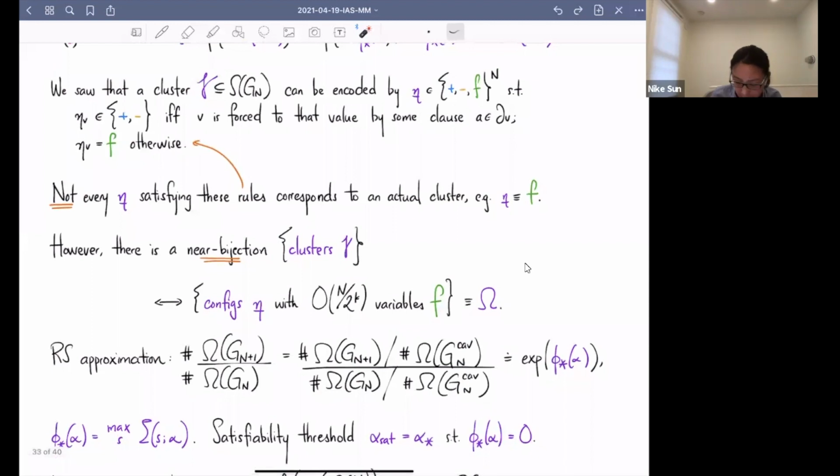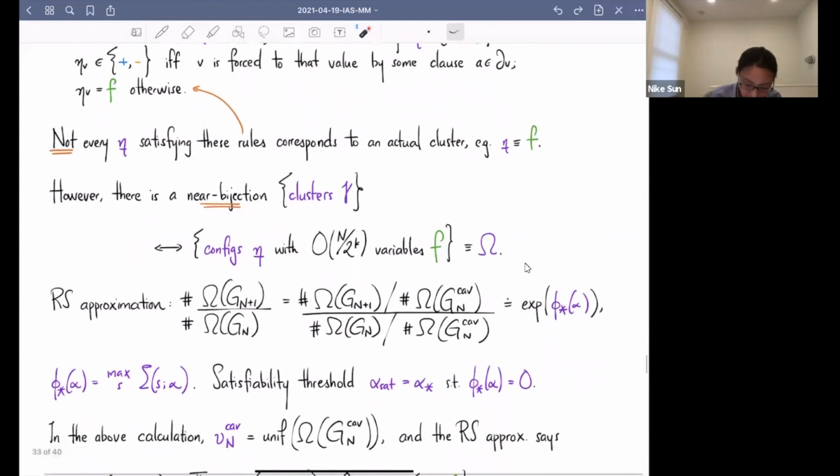And the satisfiability threshold should correspond to the point where this function will cross 0. So I'm going to talk briefly about this calculation.